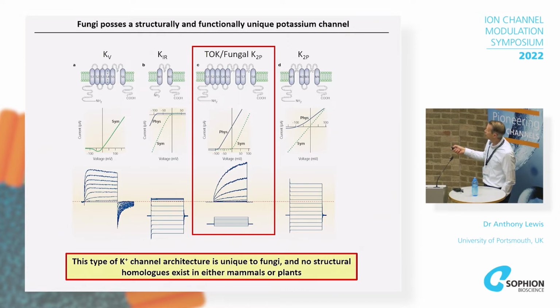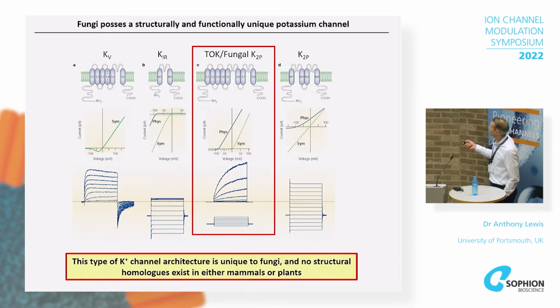The inward rectifier channels have a structure of 2 transmembrane domains in a single pore loop, and they're intrinsically openly rectifying, but they're blocked by intracellular polyamines and magnesium in a voltage-dependent way, creating this inward rectifier phenotype. So these subunits come together as a tetramer to form their ion channels.